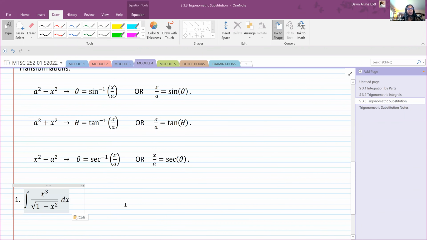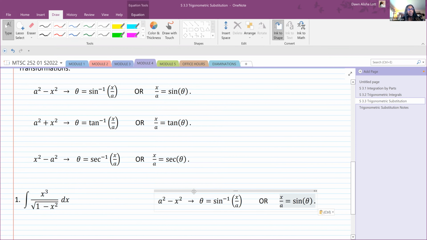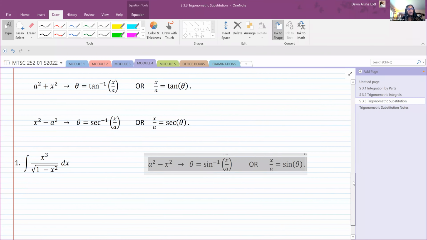Okay, so here is our first problem. And our first problem appears to have an a squared minus x squared in the problem. Okay, so as you see a squared minus x squared, then what are we going to use for a?